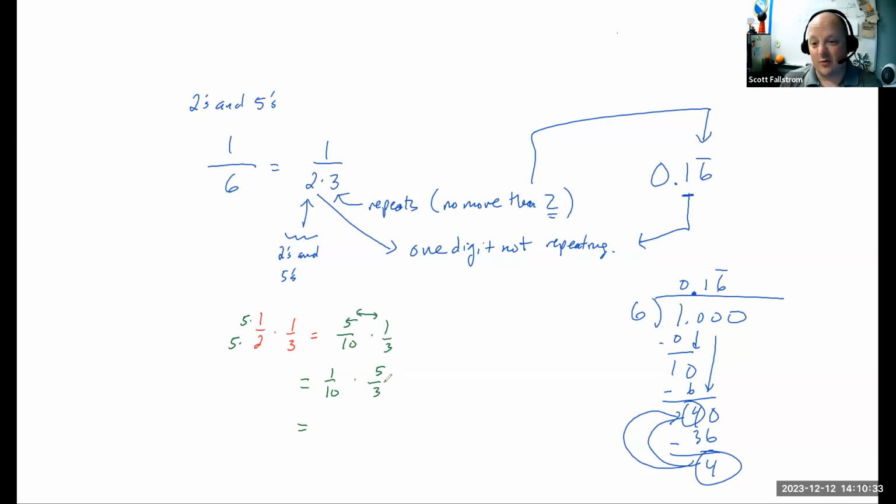Now, if you multiply by 3s, because we love 3s, because that gives us a 9. So I'm going to multiply this right here, and then you say, okay, so that's 15. So what I end up with is 1/10 times 15/9. Well, 15/9 is 1 whole and 6/9, because that's just the mixed number form, which is 1/10 times 1 and 6/9.